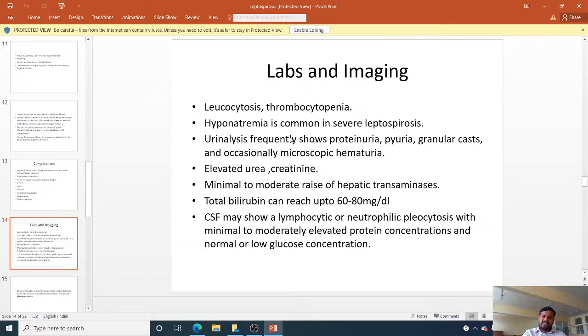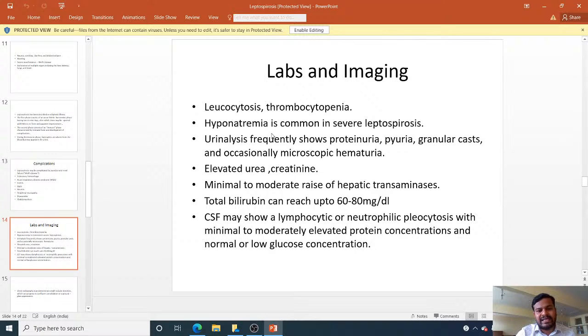Hyponatremia is one of the important features, because it is very common in severe leptospirosis. The spirochete is involved in the ascending limb of the renal nephron.